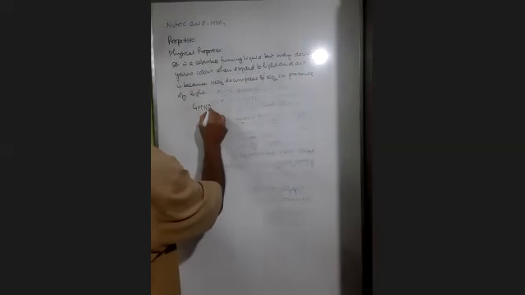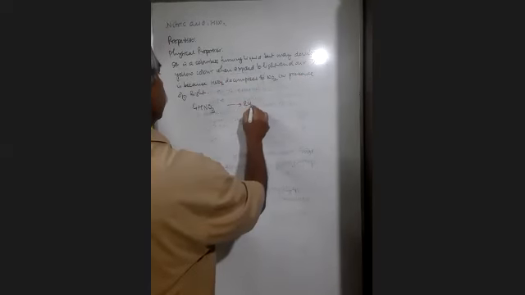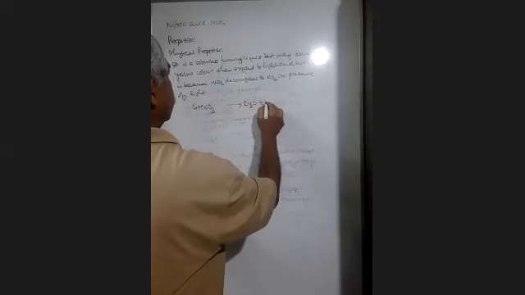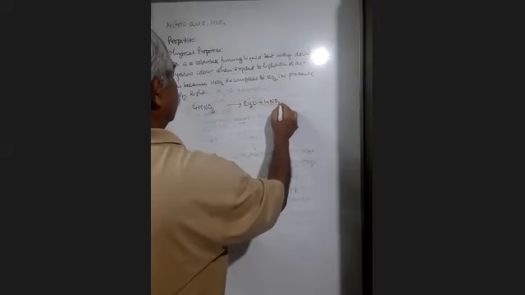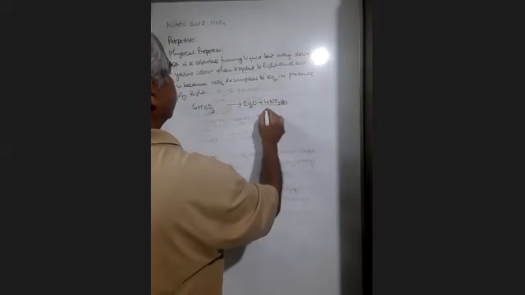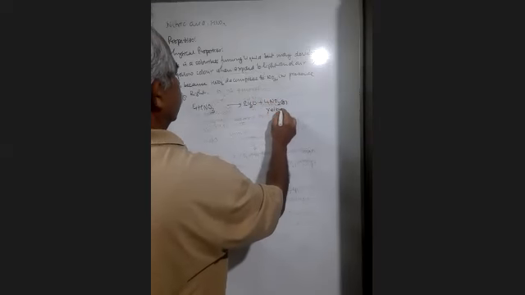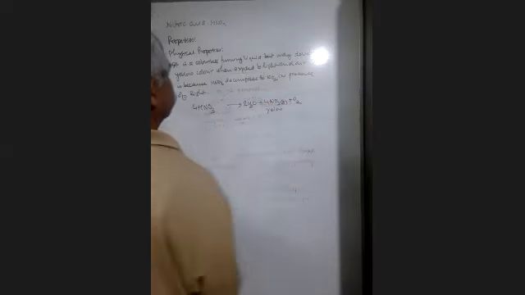See what is going to happen now. See here. 4HNO3 gives you 2H2O, 4NO2. This is the yellow color, plus oxygen.